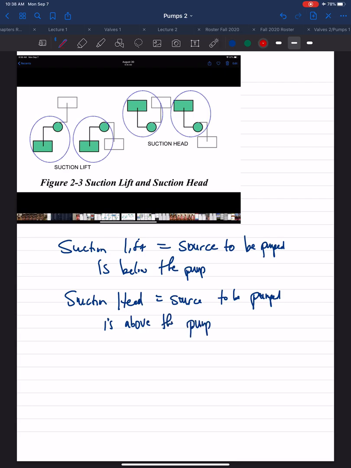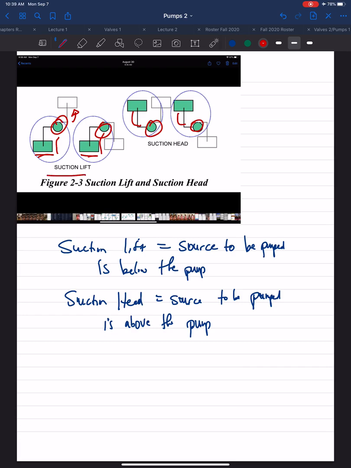So in this image here, suction lift, this is the pump, this is the source. Energy is required to pump the source up to the eye of the pump and then send it to wherever the pump is going. In the suction head example, the source is above the pump and the potential energy is enough for the liquid to reach the pump.